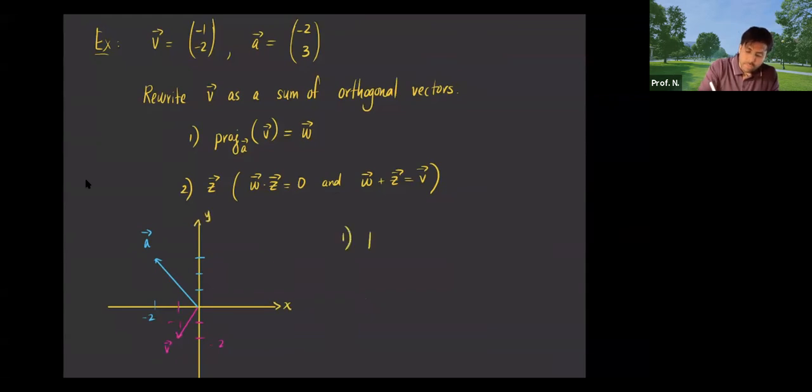I want to find the projection of my vector V along A. The formula is V dot A divided by A dot A, multiplied by the vector A. So what does V dot A equal? It equals -1 times -2, plus -2 times 3. This equals +2, and this equals -6, which equals -4.